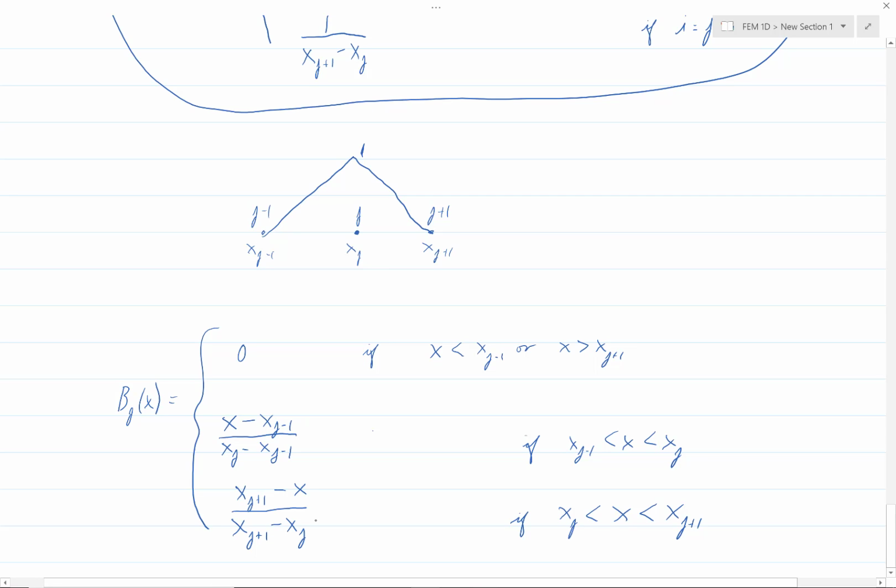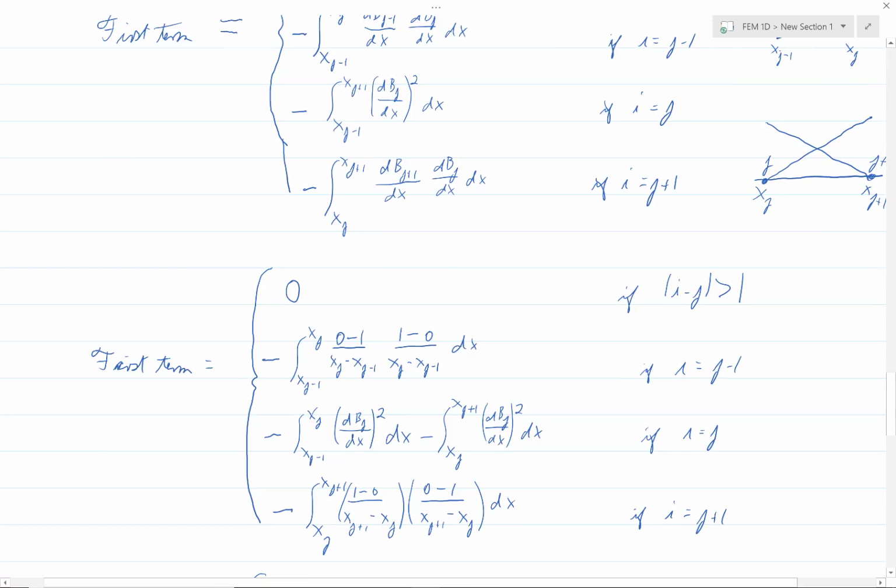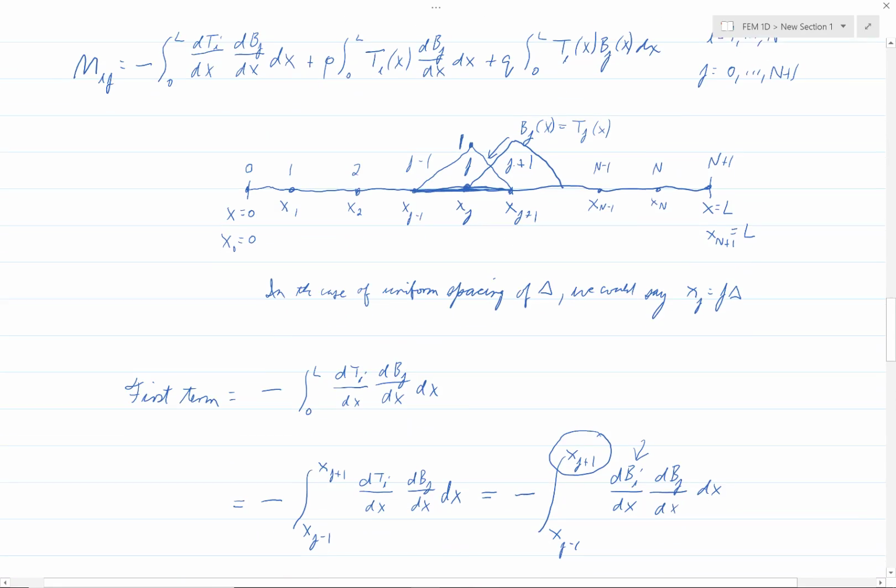And so that's how you would find expressions for the functions.